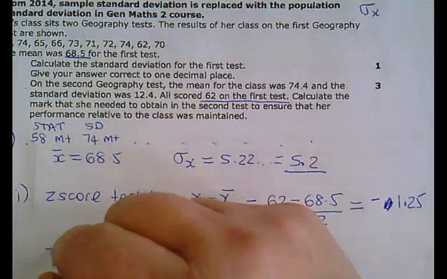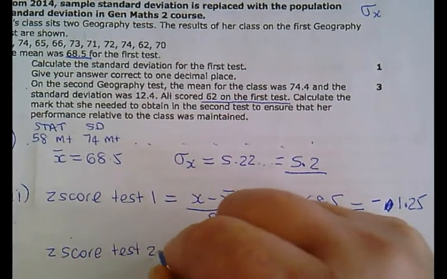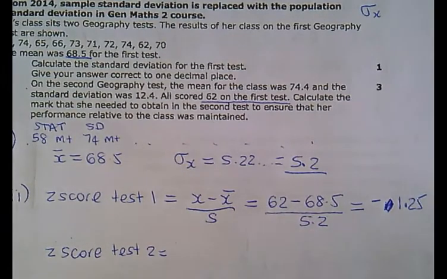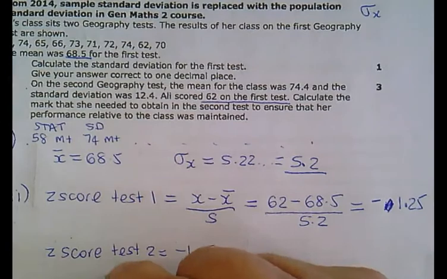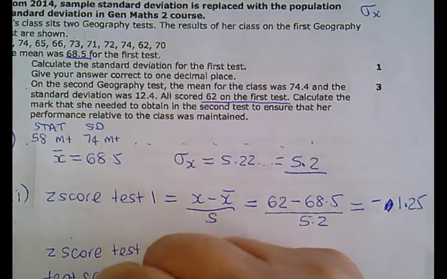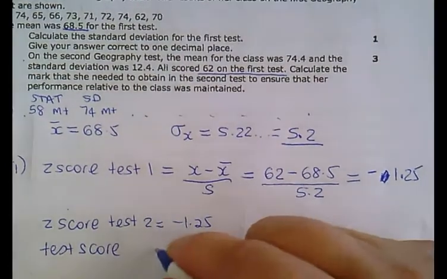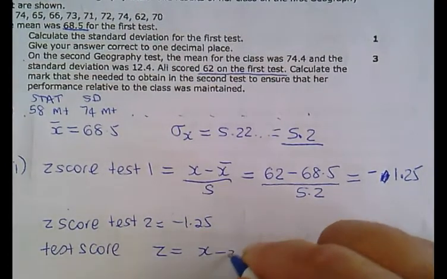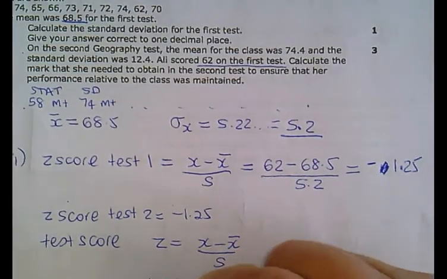Now, she wants to maintain that Z score in test 2. So the Z score in test 2, she wants to also get negative 1.25, right? So let's do test 2 to see what mark she needs to get to maintain that Z score. So Z is X minus X bar over S. The Z score is negative 1.25.